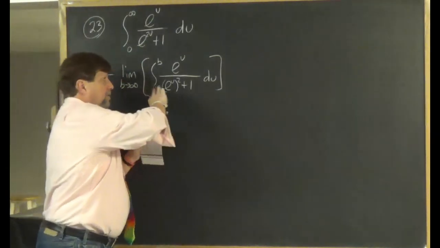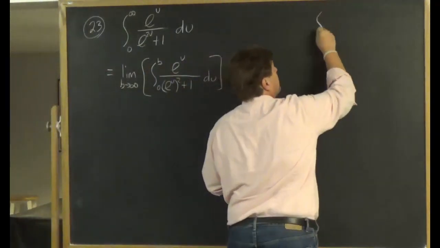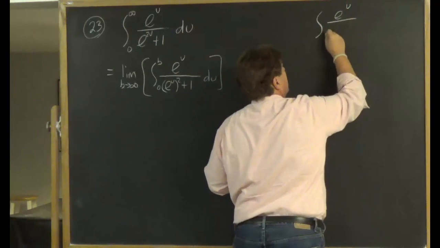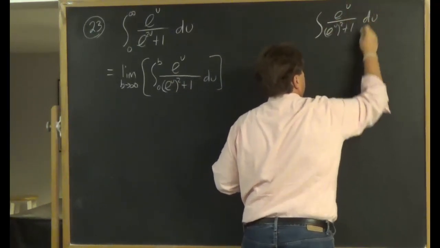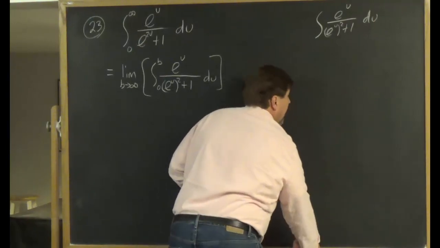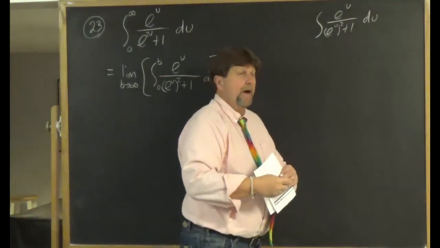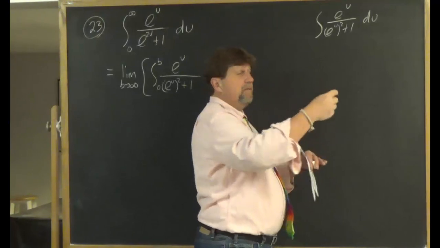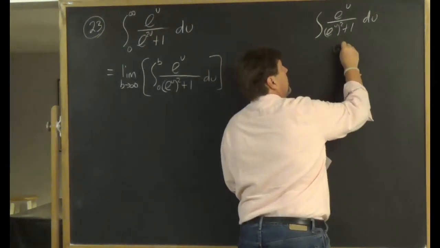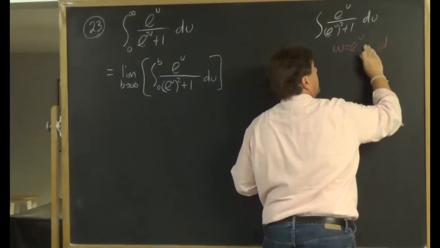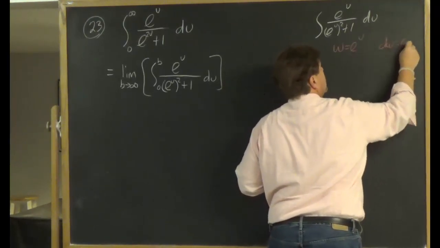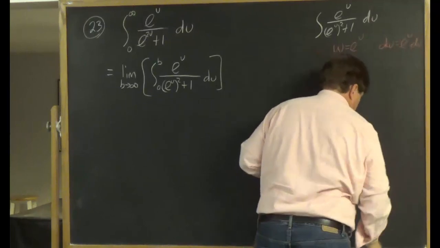Because, now let me just pull the integral over here. When I do this rewriting, e to the 2u as e to the u quantity squared, I kind of see if I do a substitution, if I let w equal e to the u, then dw is equal to e to the u du.